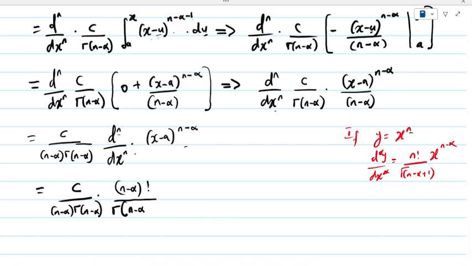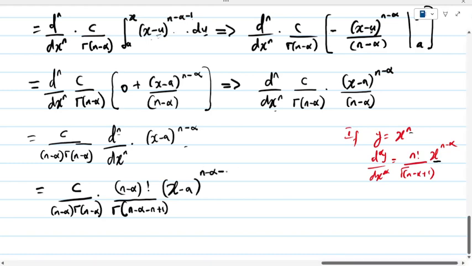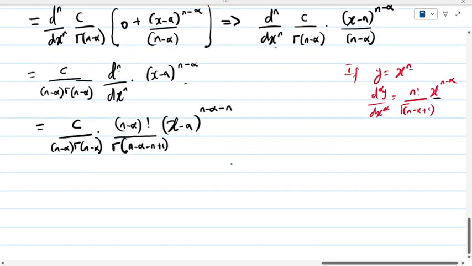So the order of derivative is alpha, so we have minus alpha, then plus 1, we have x minus a, where x represents the whole value. Then we also have n minus alpha.